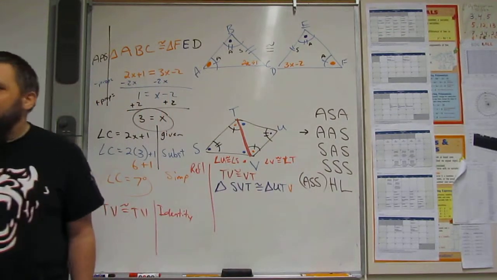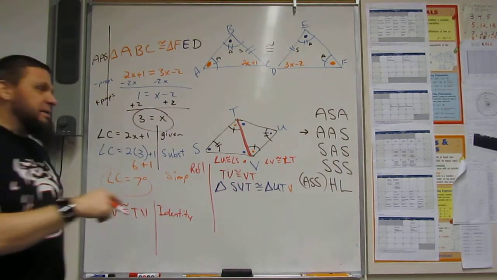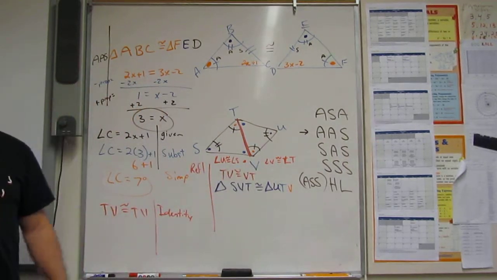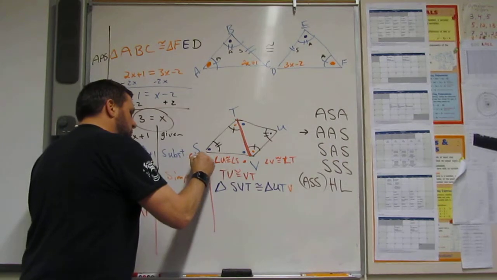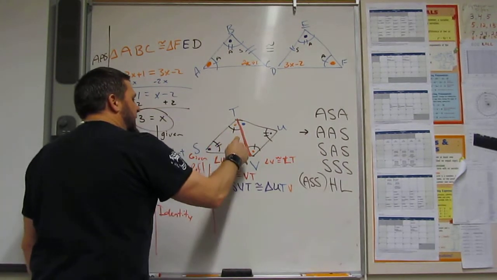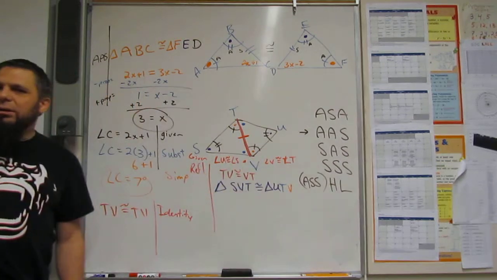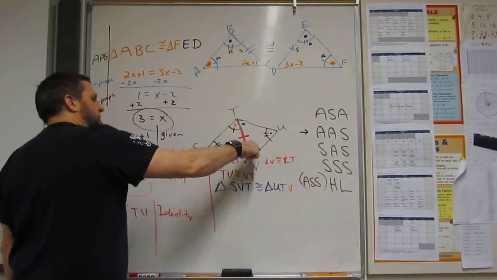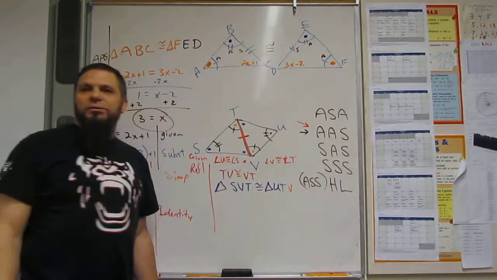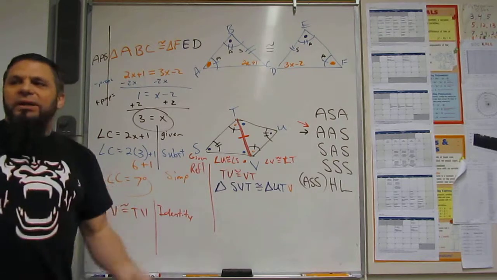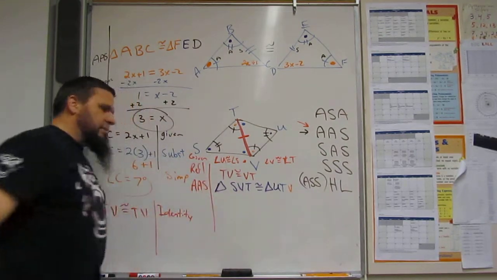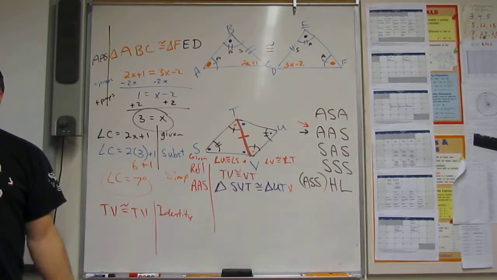And the reason I know that is because it's given. So I have an angle, side, and I have an angle, side. Oh, angle, side, so this is another way to get the same problem. Angle, side.